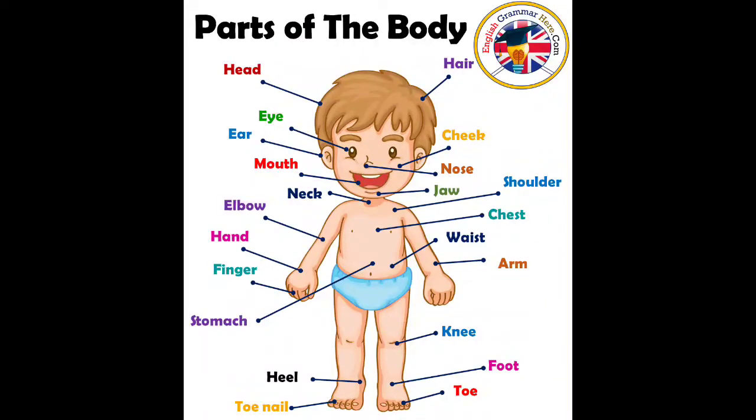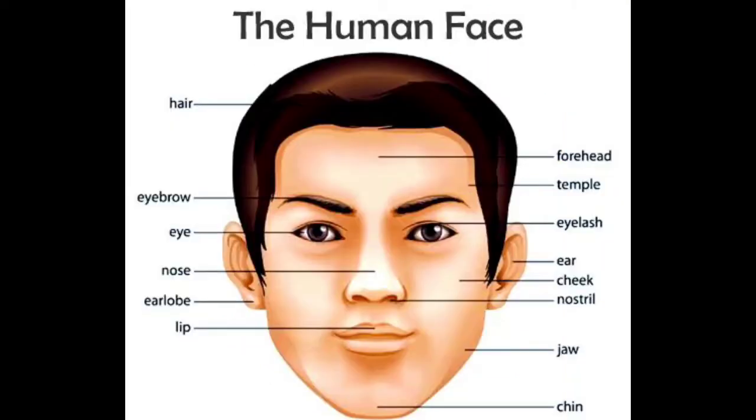Parts of the body: head, hair, eye, cheek, mouth, ear, nose, neck, jaw, shoulder, hand, finger, stomach, feet, nail, toe, knee, arm, waist, chest, hair, forehead, eyelashes, eye, eyebrow, nose, nostril, ear, cheek, jaw, chin, lip, ear bowl.